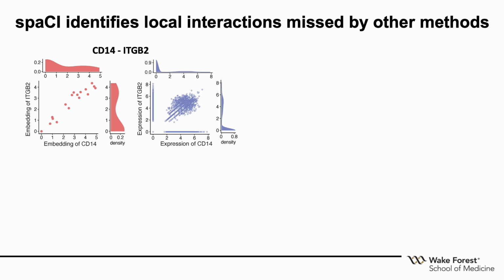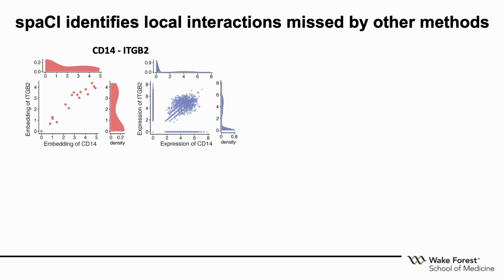Our SPARCY model has demonstrated superior performance through benchmarking with currently available methods, and here we skip this evaluation part. We would like to show the ligand-receptor signaling that was identified by SPARCY but missed by the other methods. Here we use spatial data from a colon sample. For example, the learned latent representations, that is, the embeddings of the ligand CD14 and ITGB2, were observed with strong associations in the latent representation.